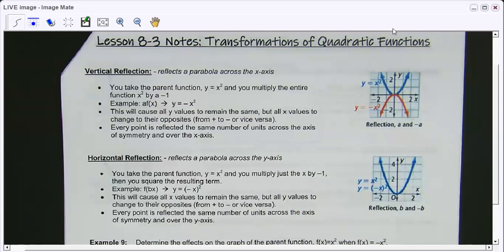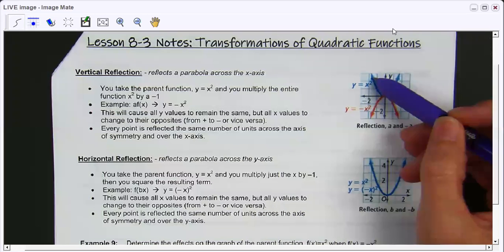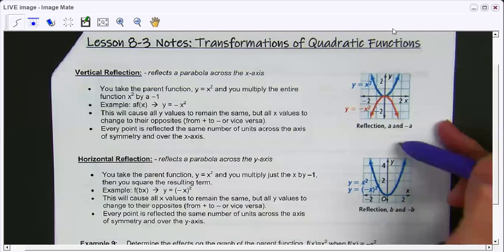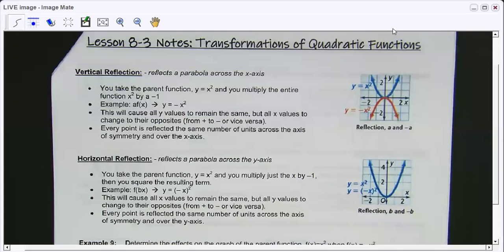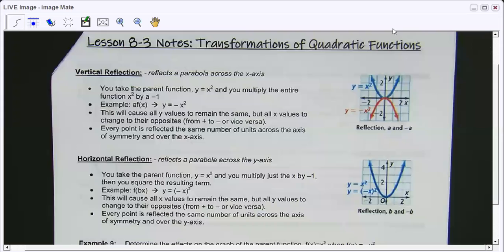What it means is that your parabola will shift from opening up to opening down, and the points are equidistant from the x-axis. In our case, for Algebra 1, they'll be graphed on the x-axis, so each of your points is equidistant from the x-axis.